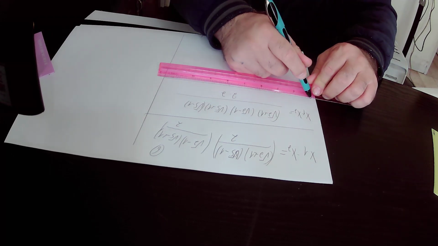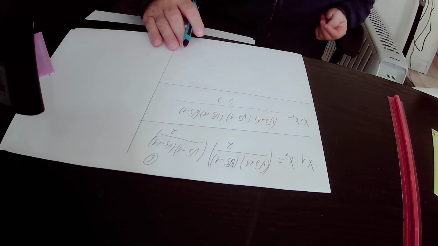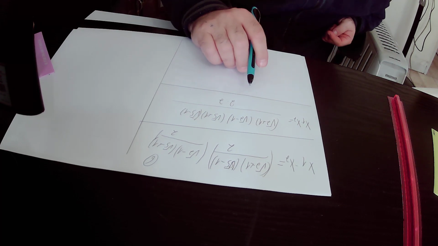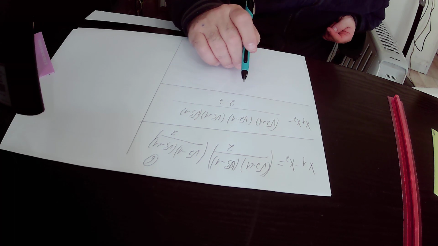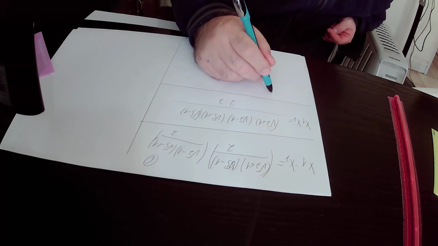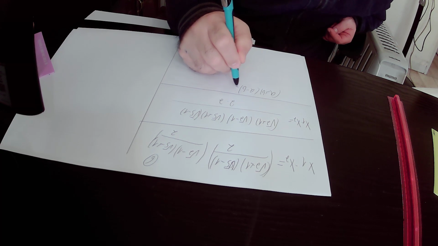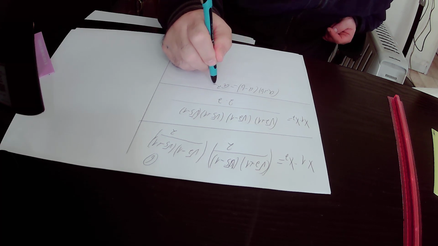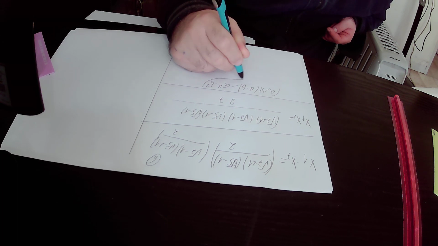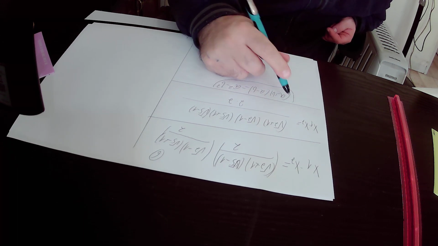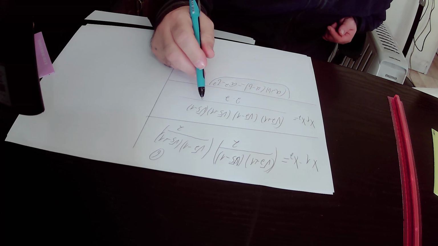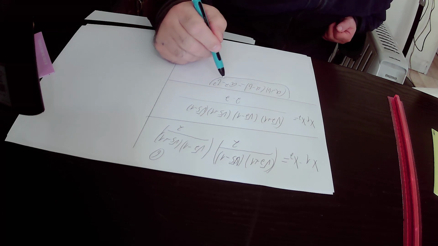Actually, square root of 2 plus 1 times square root of 2 minus 1 is very similar to the algebraic identity that states that a plus b times a minus b equals a squared minus b squared, and the expression square root of 5 plus 1 times square root of 5 minus 1 is also very similar to this algebraic identity.